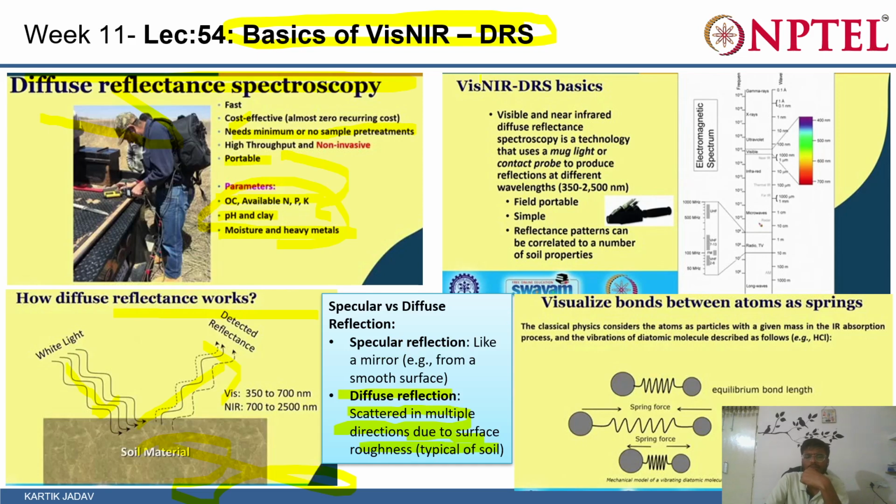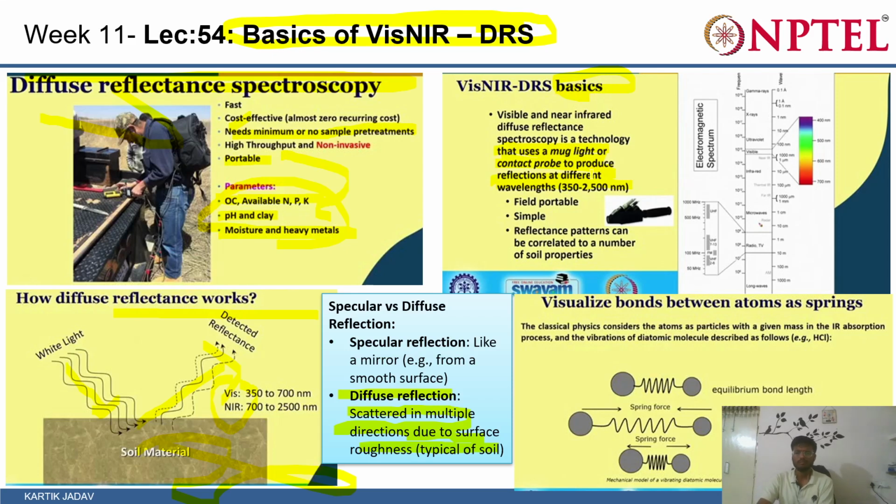And there are certain basics like visible and near infrared diffuse reflectance spectroscopy, a technology that uses a light source or contact probe to produce reflection at different wavelengths. So in this visible and near infrared range, this instrument, DRS, diffuse reflectance spectroscopy, uses a light source or contact probe to produce reflection at different wavelengths.